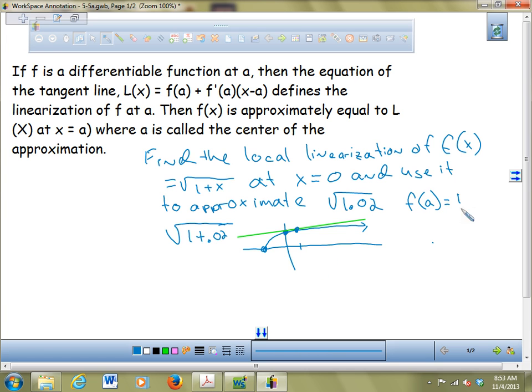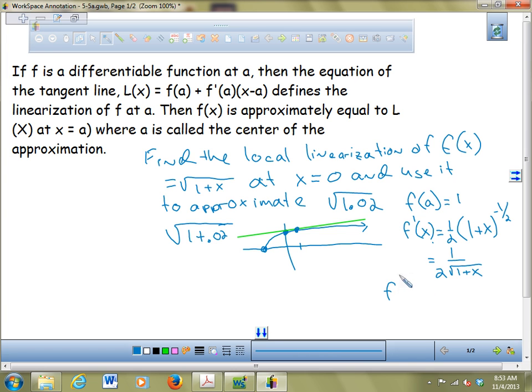The way I do that is taking the first derivative: f prime of x is equal to 1/2 times (1 plus x) raised to the -1/2 power, which is the same as 1 over 2 square root of 1 plus x. So that's f prime of x.